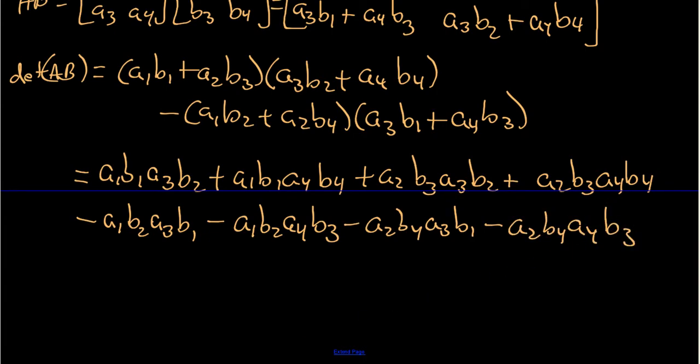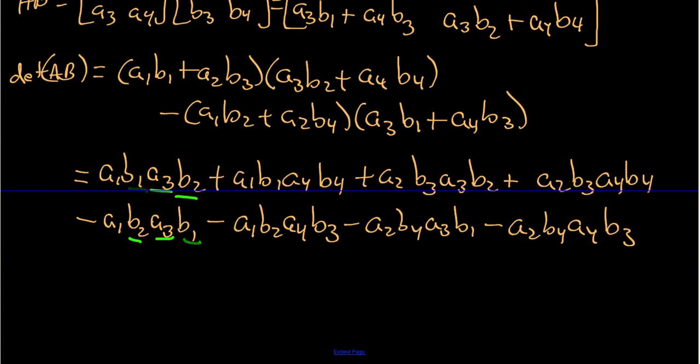Now when we start looking at this, we're going to notice that a couple of these things are going to go away. Up here we have an a1b1. Well, if we start looking for that, we wind up noticing that we also have an a1b1 a3b2 right here. In other words, here's the a1s, here's the b1s, here's the a3, here's the b2.